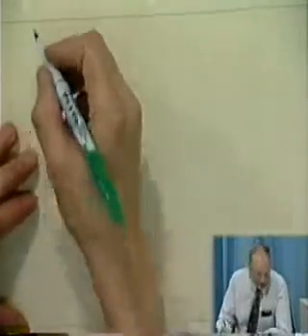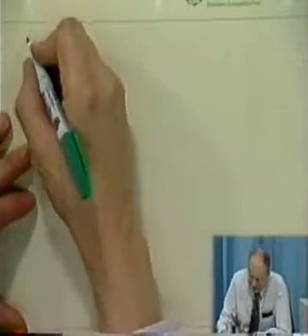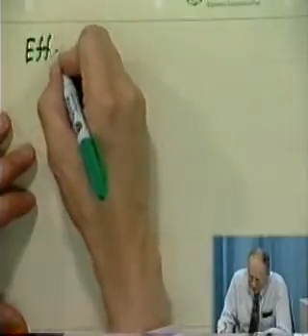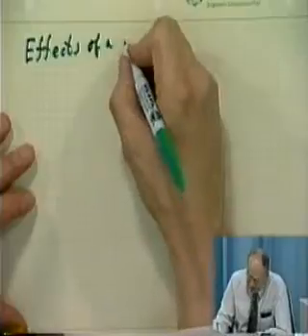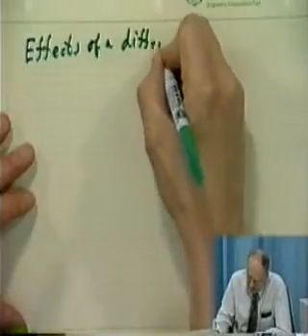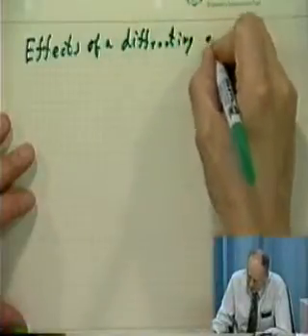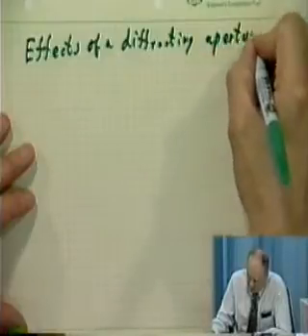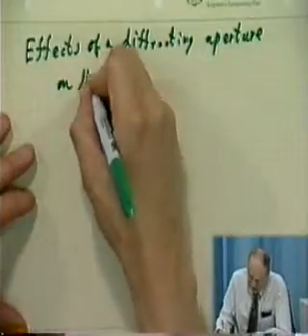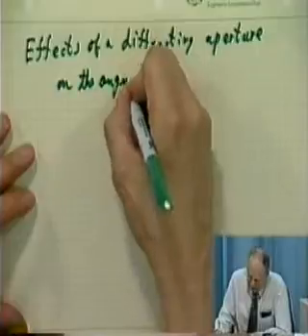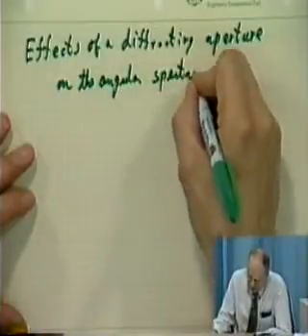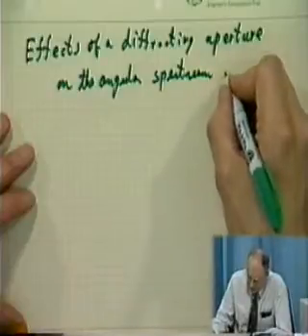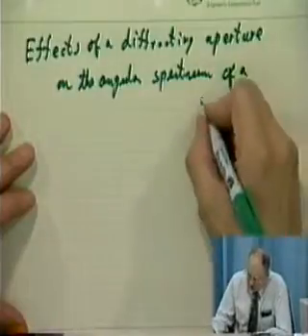So this is called effects of a diffracting aperture on the angular spectrum of a disturbance.